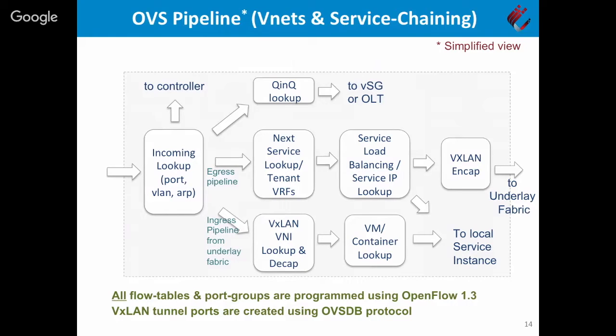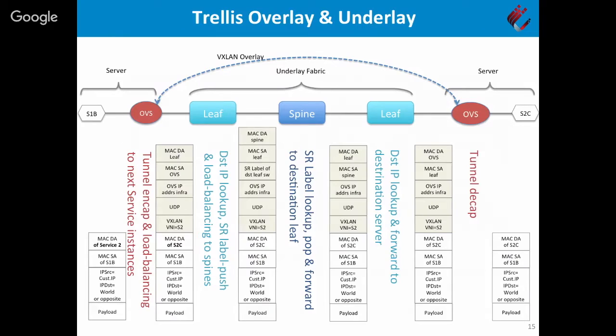So if you put it all together, what the traffic looks like is kind of like this. Your traffic is starting off in some VM or container on the left side, and it's headed to some VM or container on the right side. In between, it first hits the OVS, which encapsulates the entire customer traffic into a VXLAN tunnel.